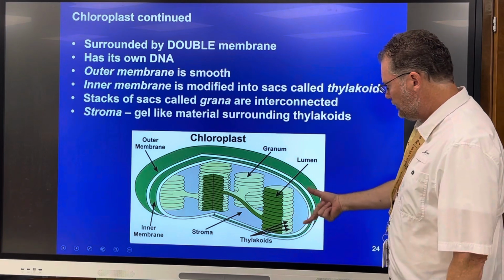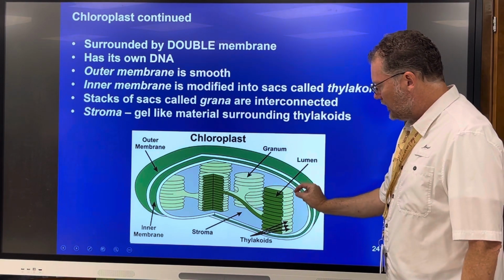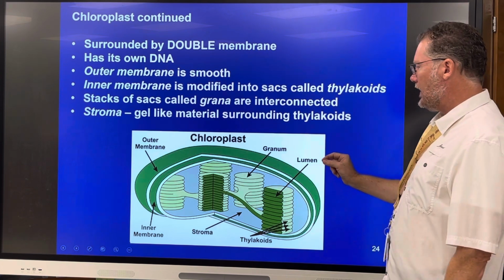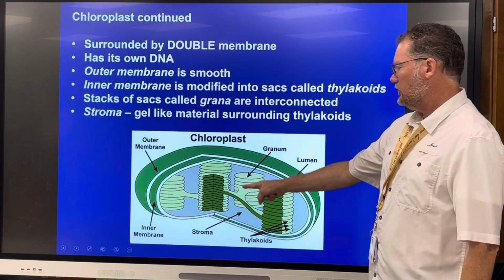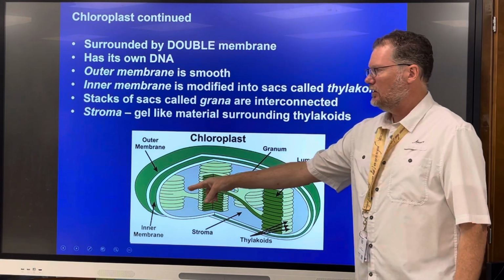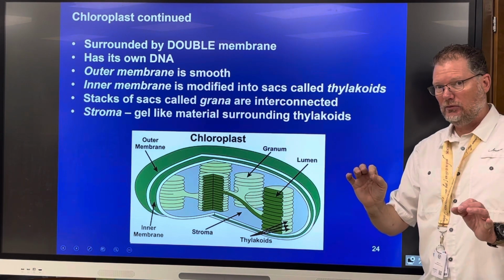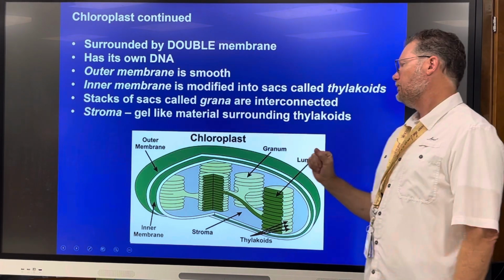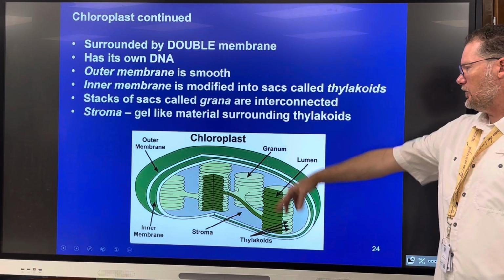So these are stacks of thylakoids, okay? And the stacks are called grana, granum singular, okay? And the stuff that's inside, the cytoplasm that's inside of this organelle is called stroma. And that surrounds the thylakoids.